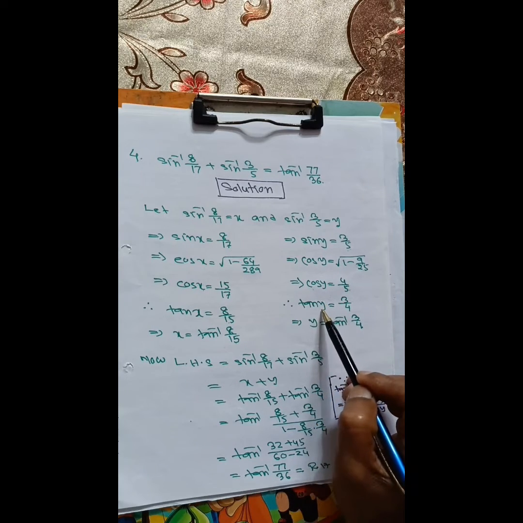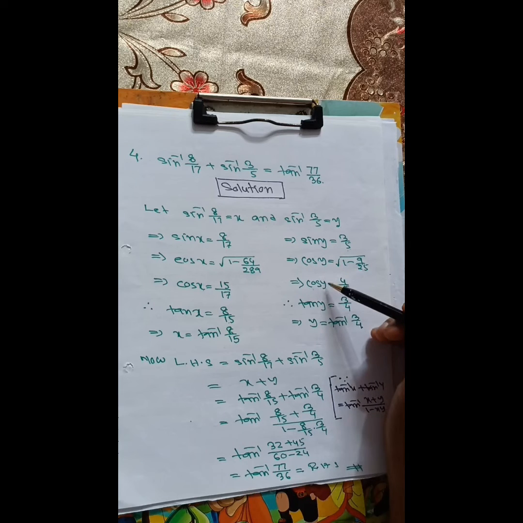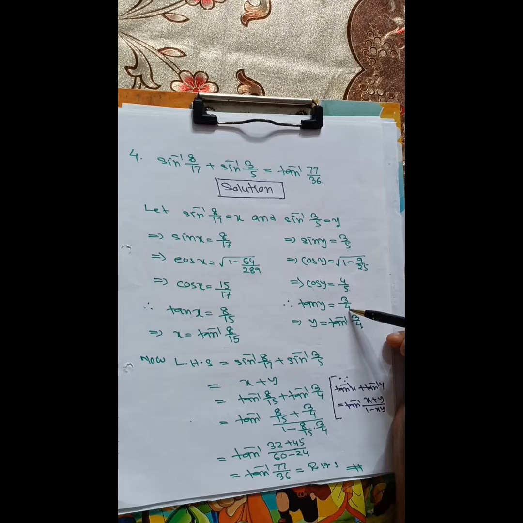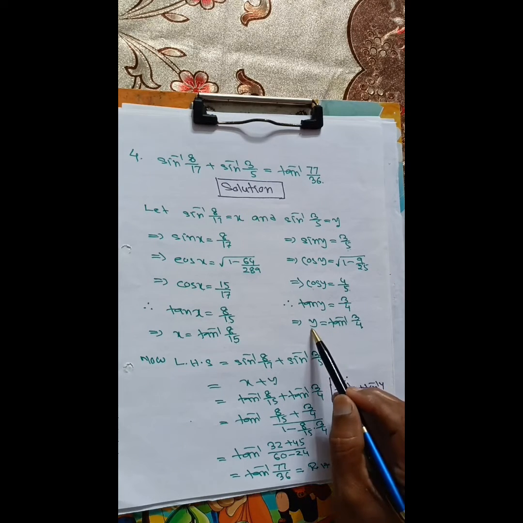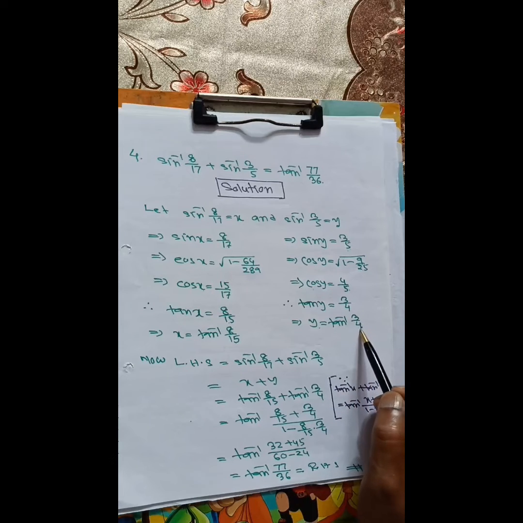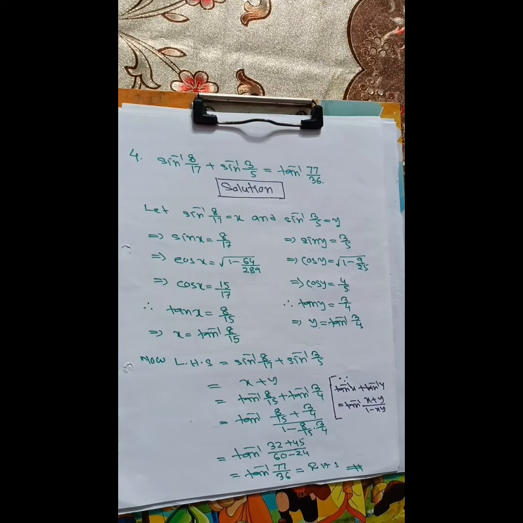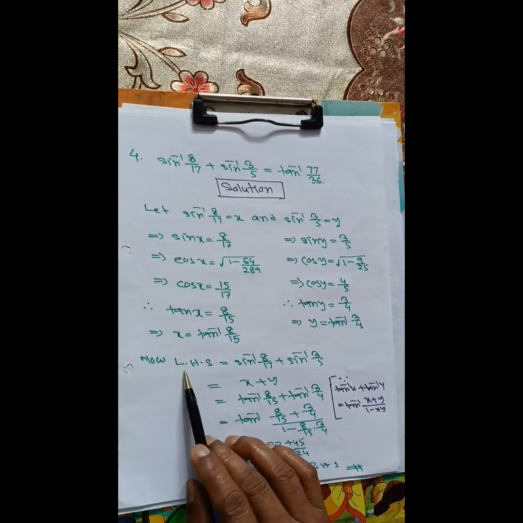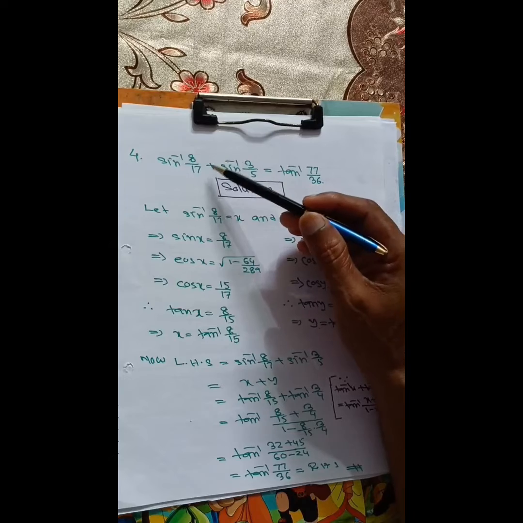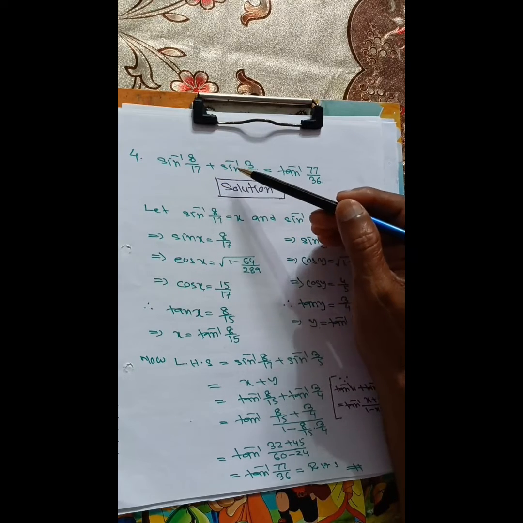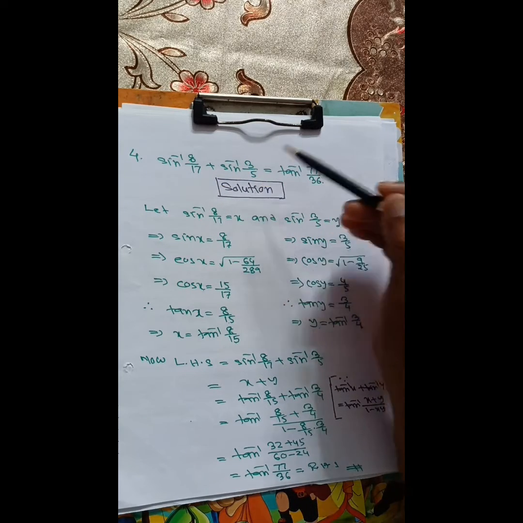Now, tan y is equal to sin y by cos y. Then the 5 cancels, and we get 3 by 4. That means tan y is equal to 3 by 4. Then this implies y is equal to tan inverse 3 by 4. Now we have to write the left hand side. Left hand side is sin inverse 8 by 17 plus sin inverse 3 by 5.